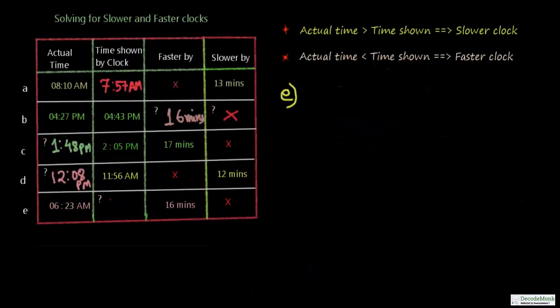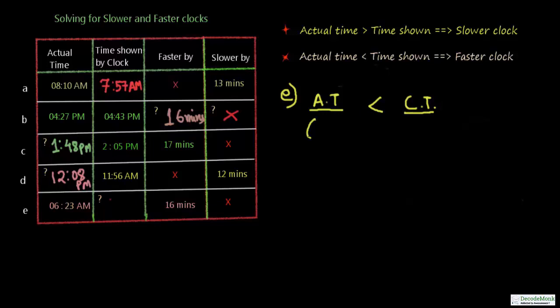Question number E. The given question says that the actual time is 6:23 and it is running faster by 16 minutes. So the clock time is advanced with respect to actual time.